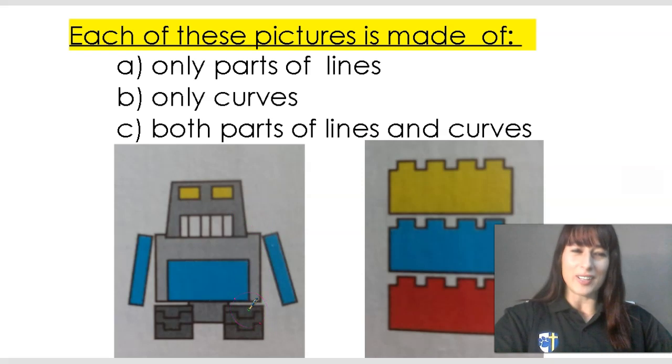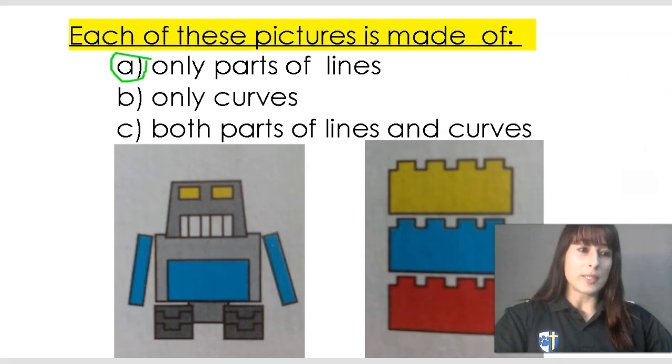Feels like a part of a line. Let's test this one. Trace it with my finger. I'm going one direction and again I'm going one direction. Constant movement of my finger going one direction. So I am deciding that these two images are made of only parts of lines, all straight lines.